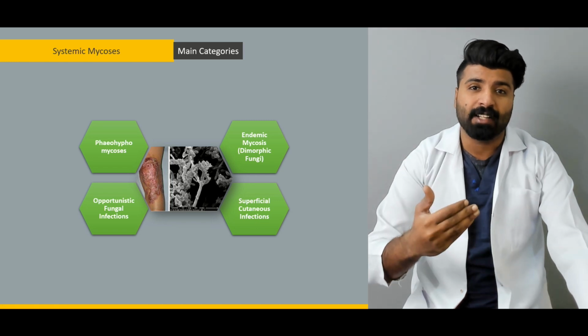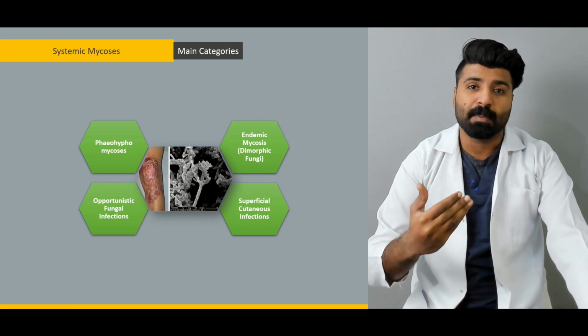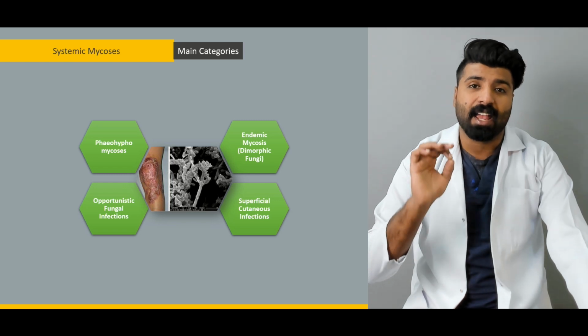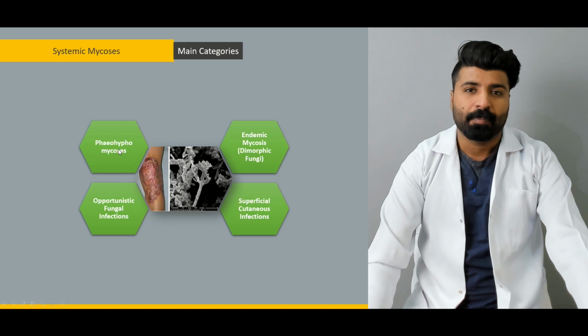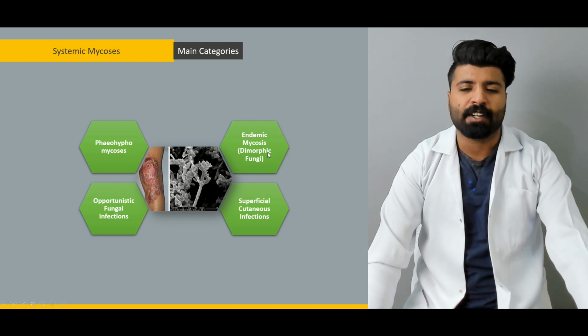They don't invade the deep tissue, they don't invade the deep cells, and they stay as superficial as they can, and that's why they are named superficial cutaneous infections. Now, these are the main categories which will lead to systemic mycosis, right? So we have opportunistic fungal infections, we have endemic, and we have superficial.